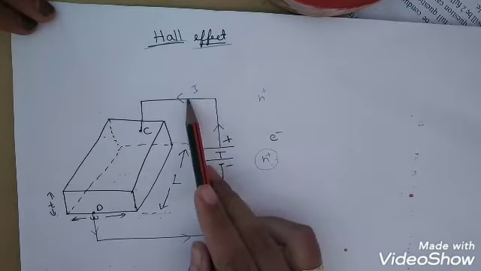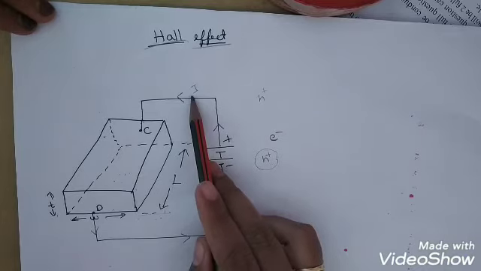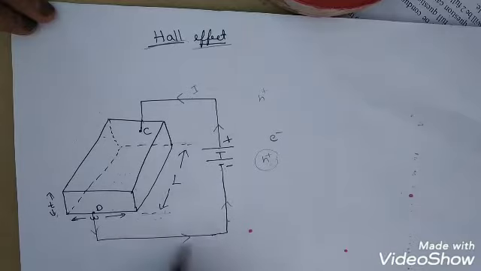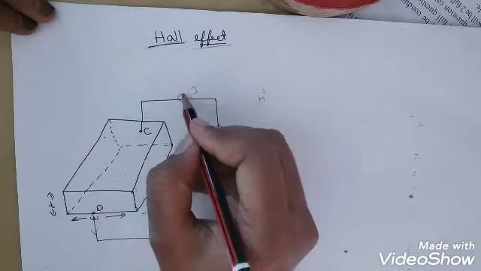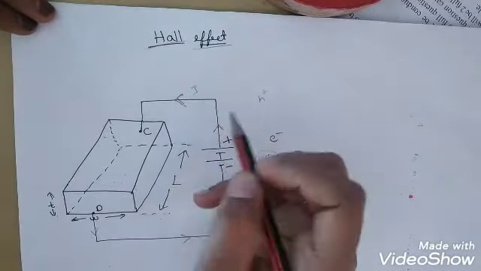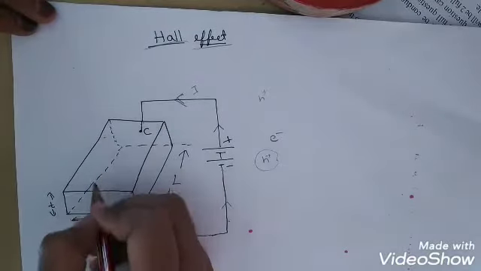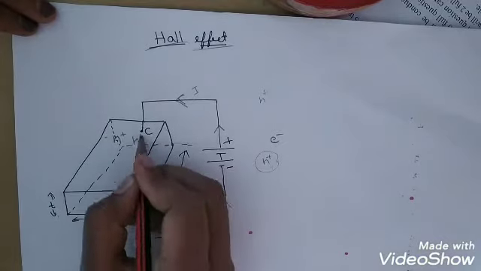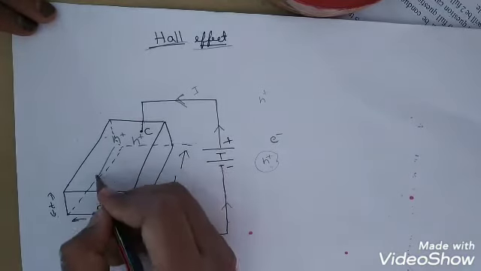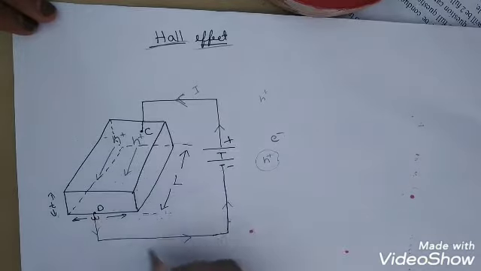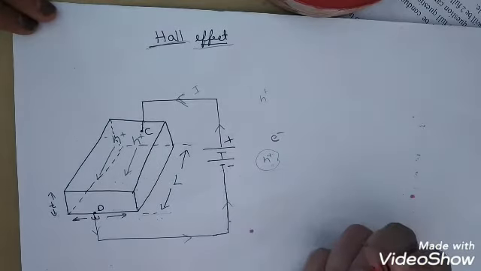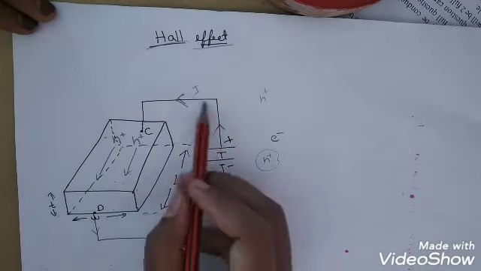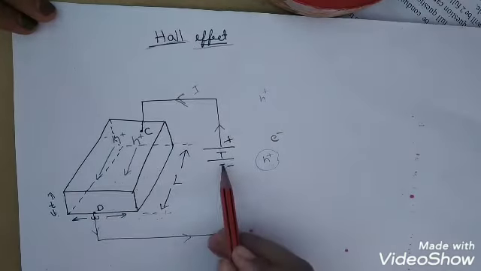If a current is flowing in the outer circuit as shown here, inside the semiconductor that is nothing but the movement of holes. So this is the movement of holes in this direction, and they get attracted towards the negative terminal. This is the movement of holes, which is the conventional current flow direction.